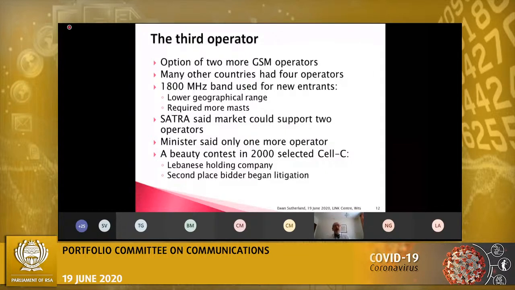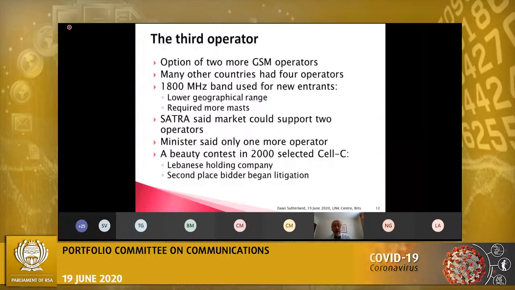There was a lot of discussion in many countries. How many operators do we need? How many will the market bear? The analysis by Satra in 1999 would have been that the market could support two more operators. The minister decided only one.